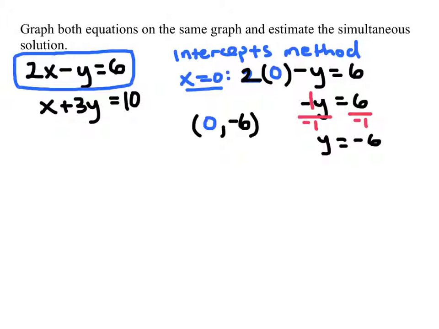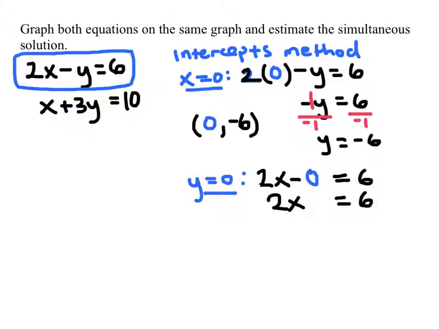The next step in the intercepts method, we will let the other variable be 0. And so when we plug it into our equation, 2x minus, instead of y, we'll say 0 equals 6. We'll try to solve for x now. So 2x equals 6. In order to solve for x, we'll divide both sides by 2.